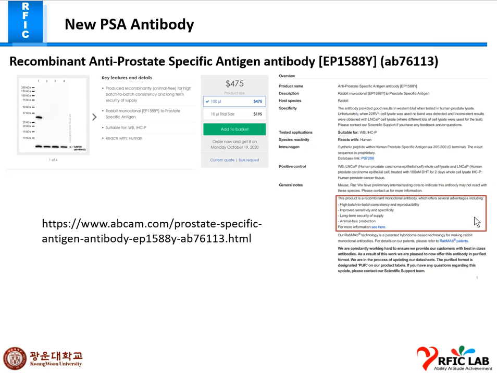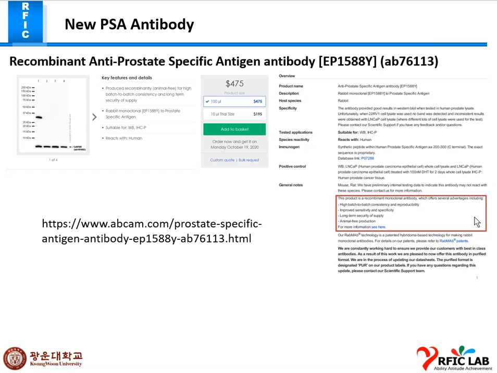It also offers long term security of supply and binding affinity between the antibody and the antigen. It's an animal-free production, and I have read many papers and literature that use this product. On the AppCam website, I saw 8 references for this product.